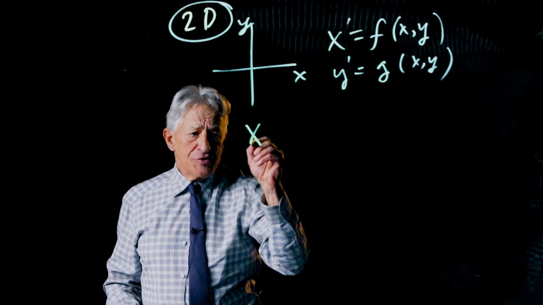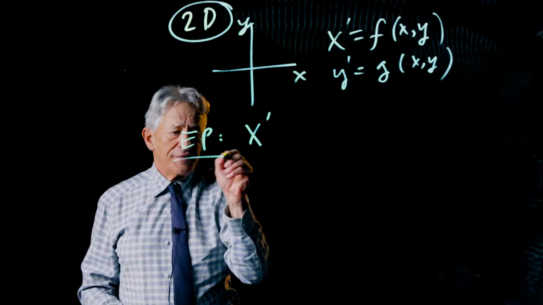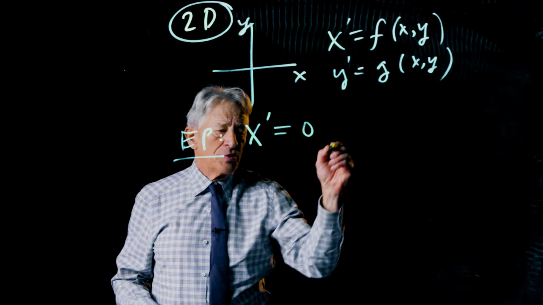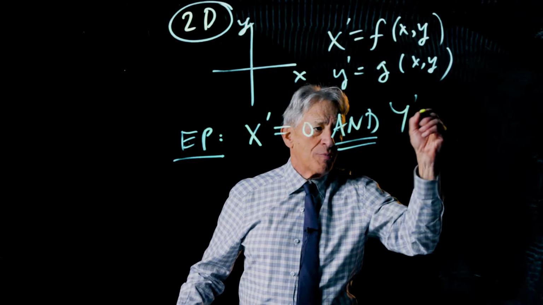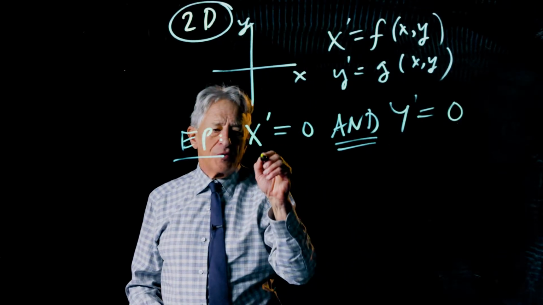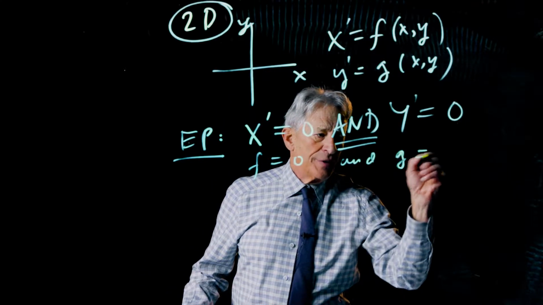And the answer is, an equilibrium point is defined as x prime equals 0 and y prime equals 0. In other words, f equals 0 and g equals 0.